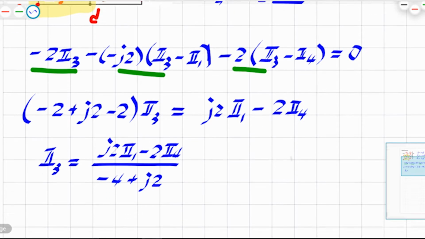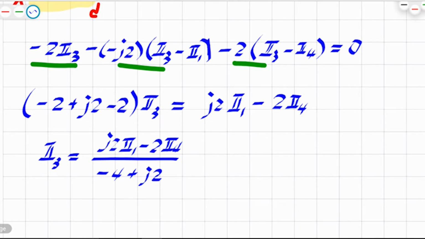Now we notice that both numerator and denominator carry a common factor of 2, so let's just get rid of that. And so we have I4 minus J I1, divided by, now notice here I flipped the sign because I don't want my negative 4, the real part, to be negative. So I'm going to flip the sign by multiplying a negative sign on both numerator and denominator. And then we have a negative J.